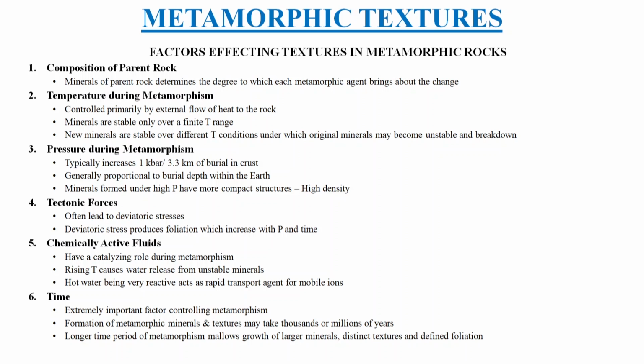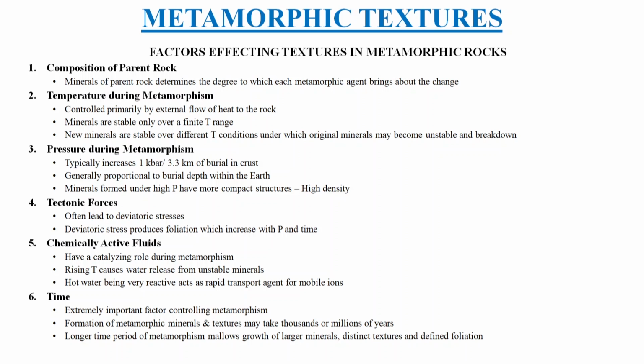So, there are several factors that affect the formation of several textures or structures in a metamorphic rock, as the metamorphic processes are governed by changes in the pressure, temperature, and chemically active fluid, like we have discussed. Similarly, these factors also contribute to the formation of several textures in a particular metamorphic rock. So, obviously, to start with the first one, which is essential always, what is the composition of the rock.